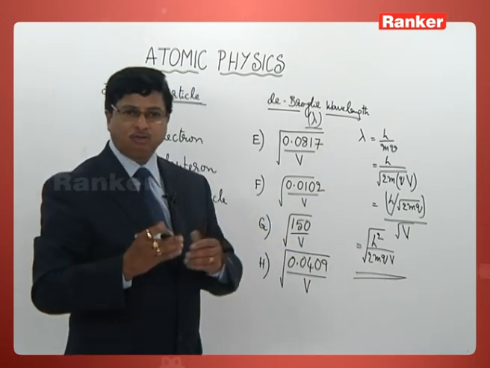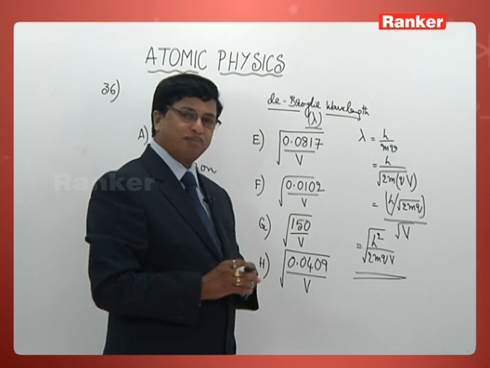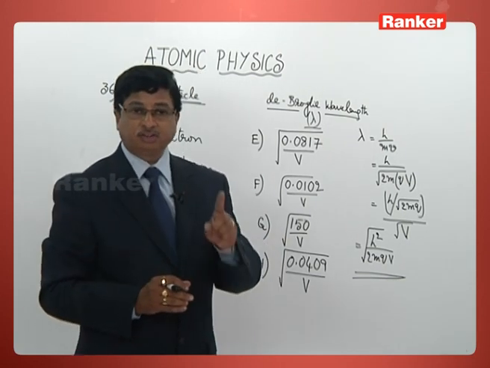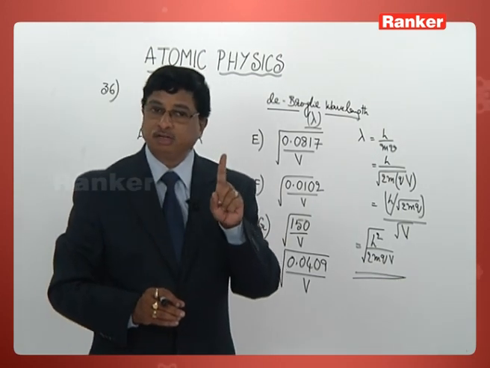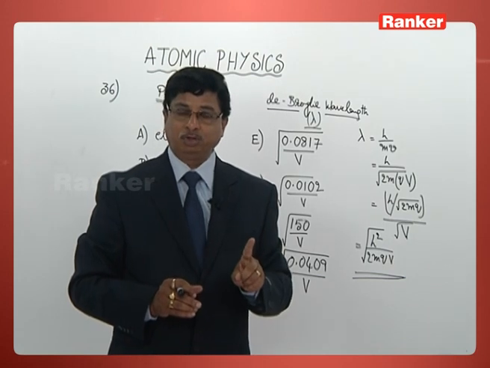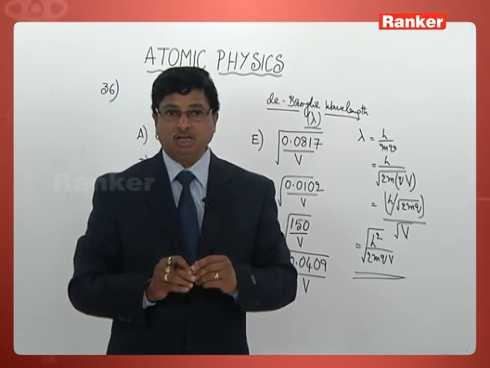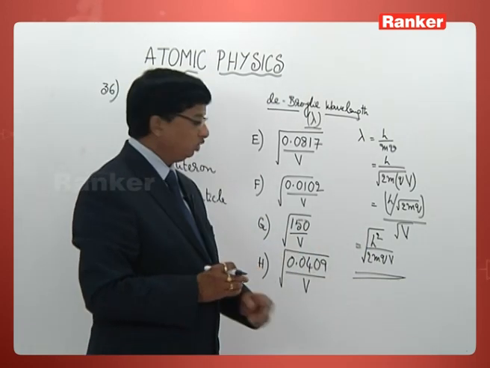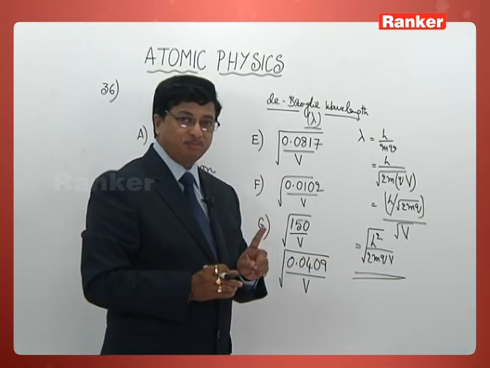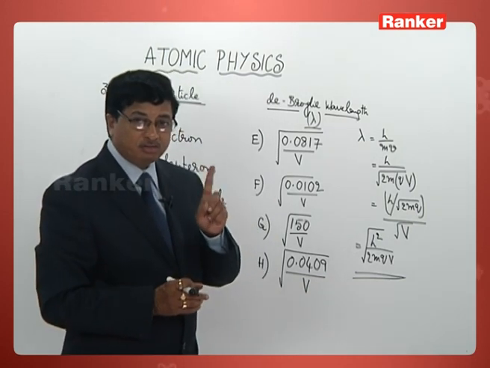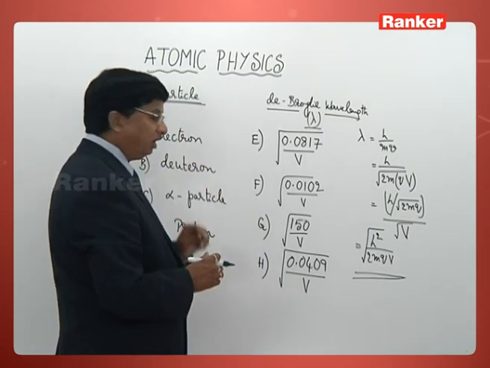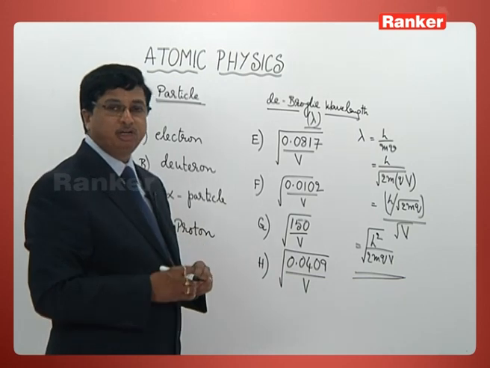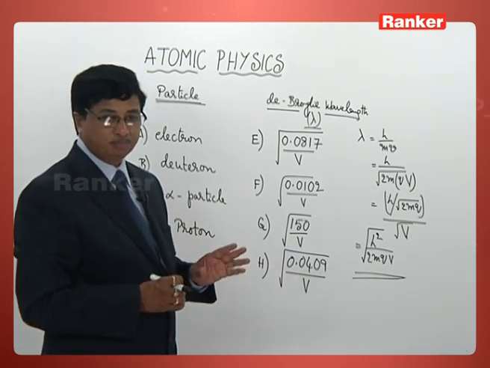In fact, we also used to take the same equation, but h is 6.6 into 10 power minus 34. We know that value very well. That much square, you have to square it. Twice the mass of each particle is to be considered. First one, electron, 9.1 into 10 power minus 31 kg.